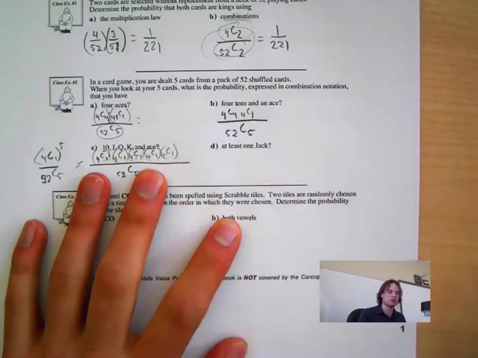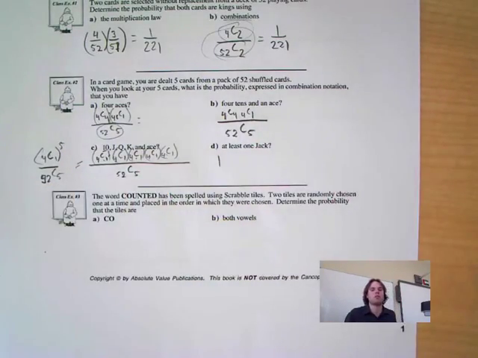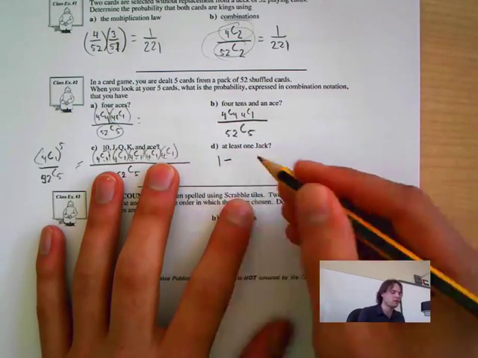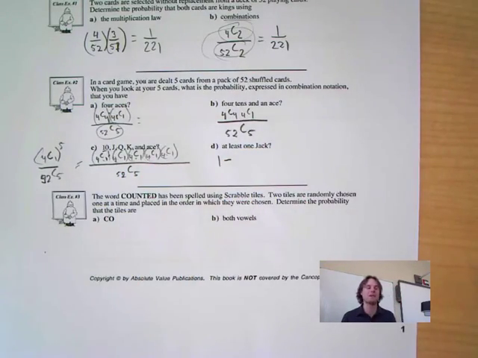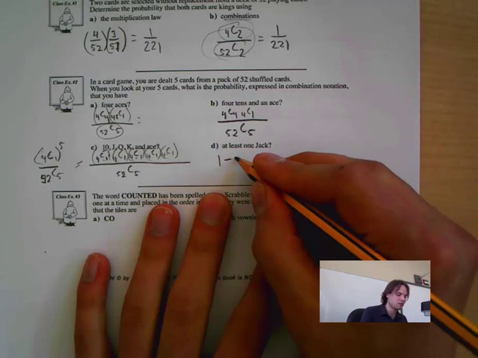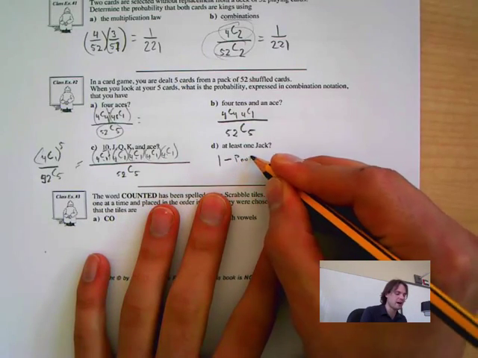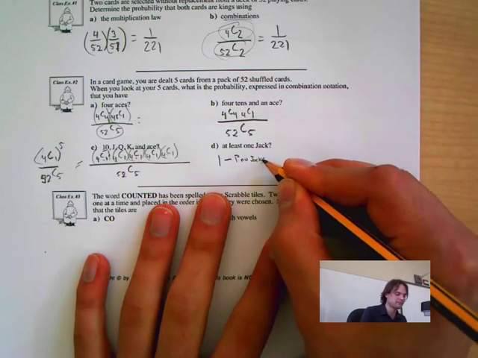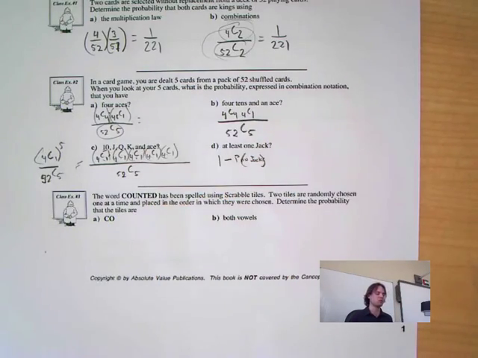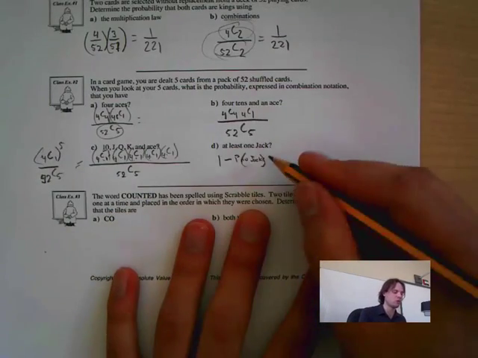So the probability of picking 5-card hands is 100% of everything. And we're going to subtract the 1 we cannot have, which is the probability of no jacks. Okay? So probability of no jacks is the only thing we don't want.